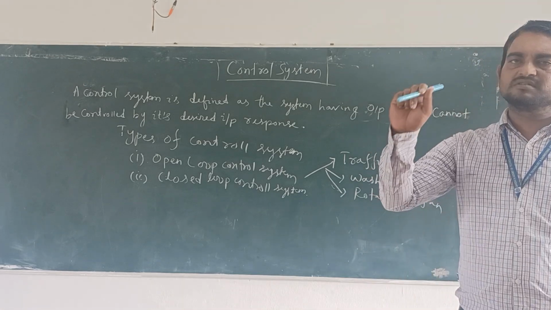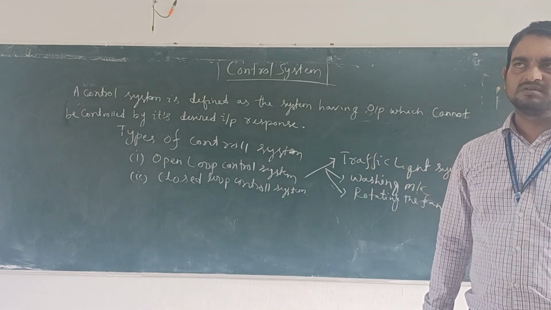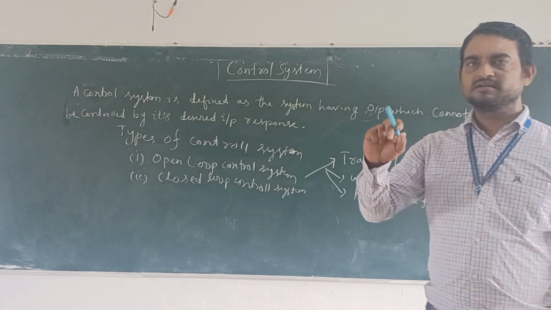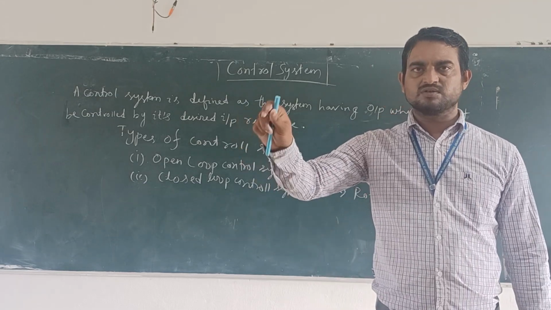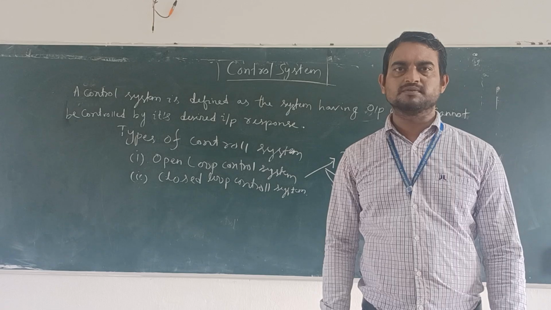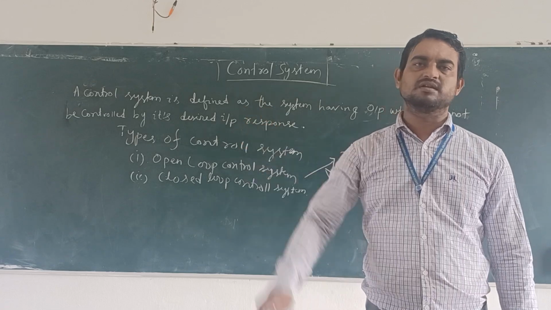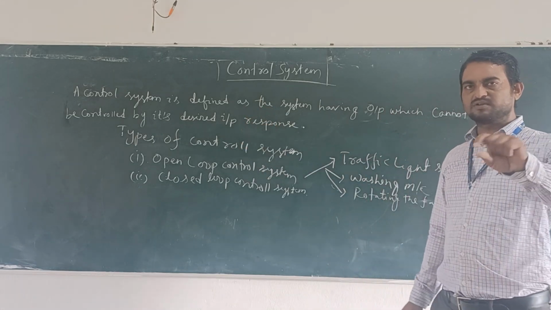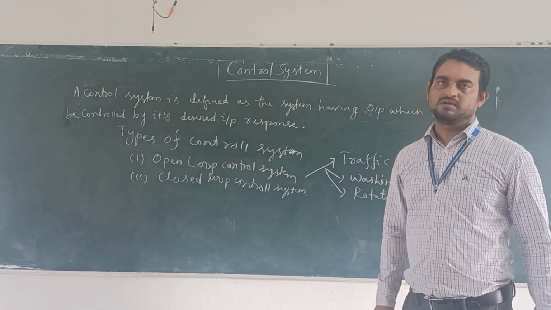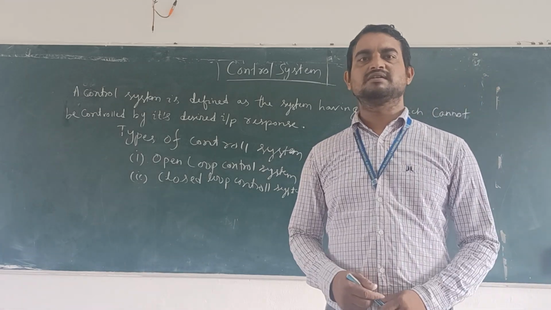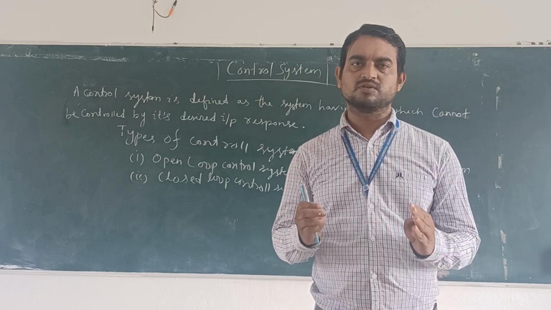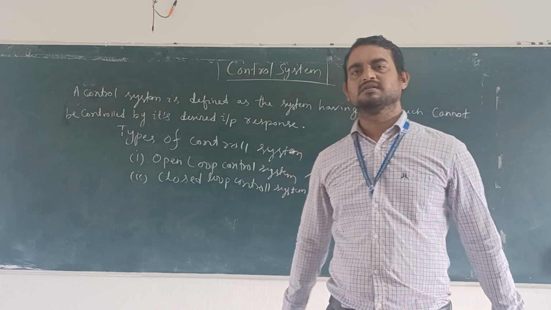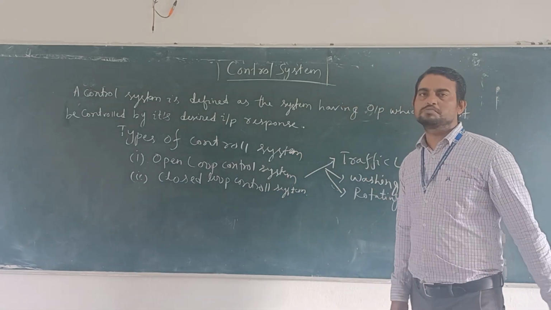How? When we switch on, that is the input. The voltage comes and rotates the fan. If we want to change the speed of the fan, then we have to adjust the regulator. According to the regulator only, the fan will move. But if we don't give the regulator a certain position, then the fan only rotates at a fixed position. So it is also an open loop control system.